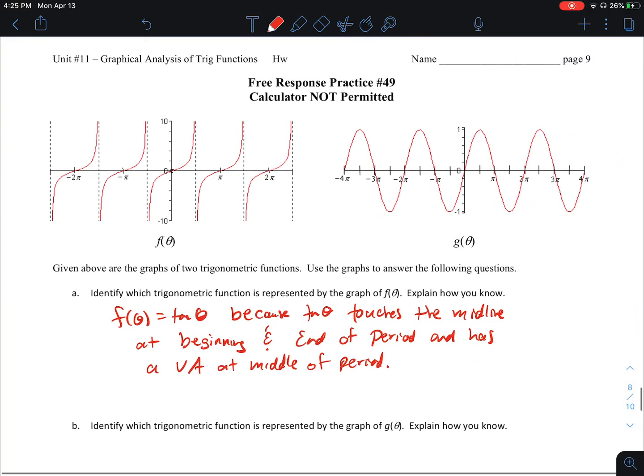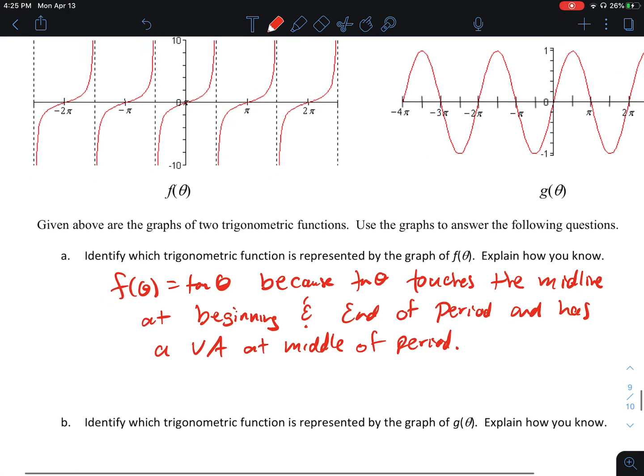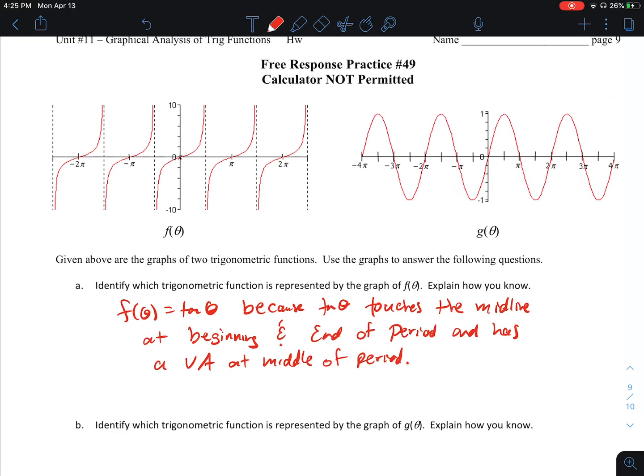The word cycle could be used to interchange with period here and probably would have been better to say cycle. And then I could also say that the tangent curves are similar to y equals x cubed.